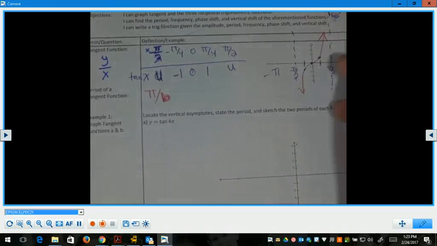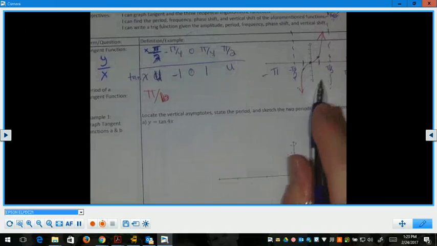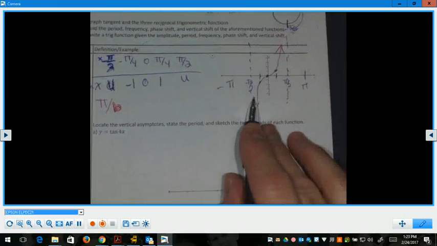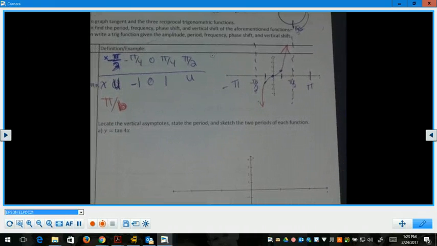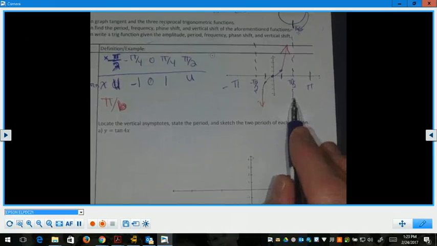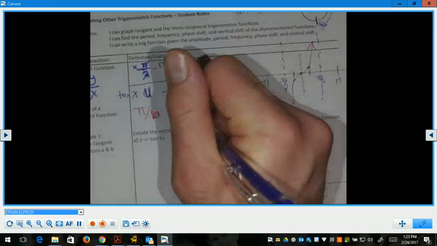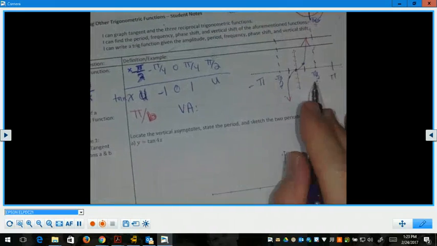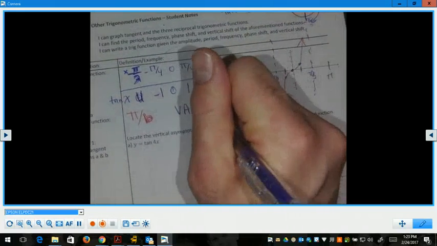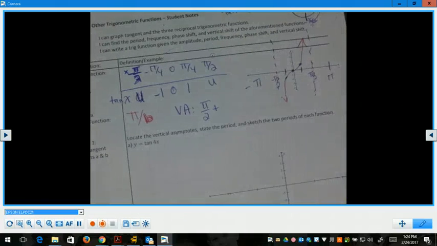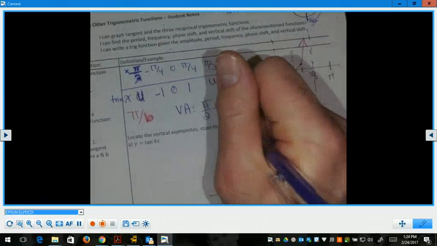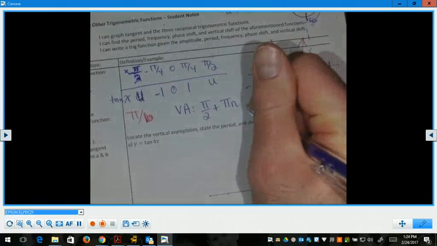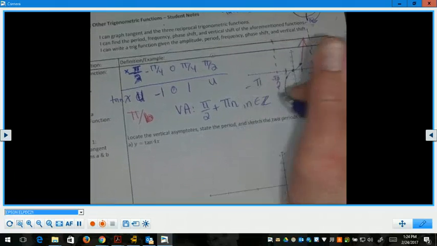Right now, our asymptote's at pi over 2. And it's pi units away from this one, right? So guess how many units it's going to be away from 3 pi over 2? Pi units. Every pi units from this asymptote, we will have another vertical asymptote. So our vertical asymptotes can be found by one we currently know, plus the period times n, where n is an element of the integers.